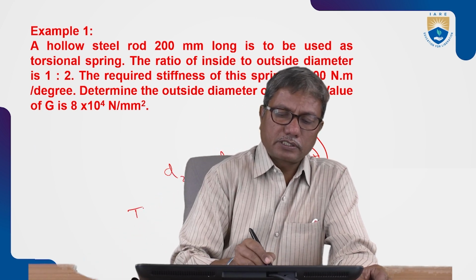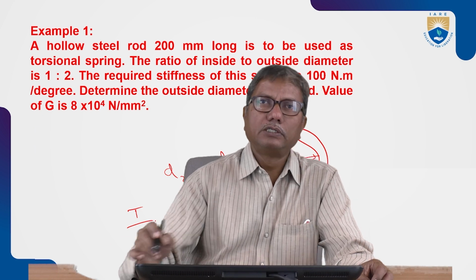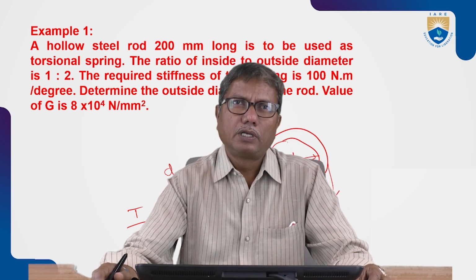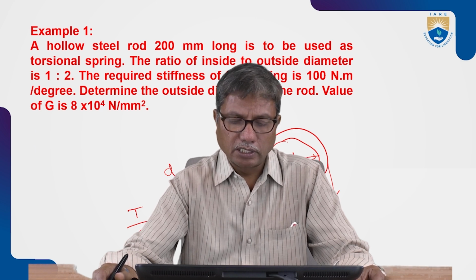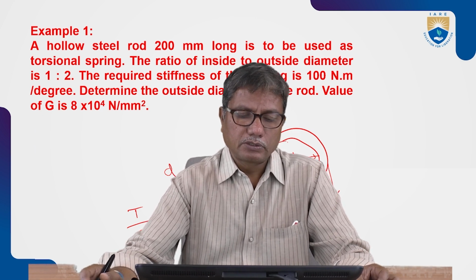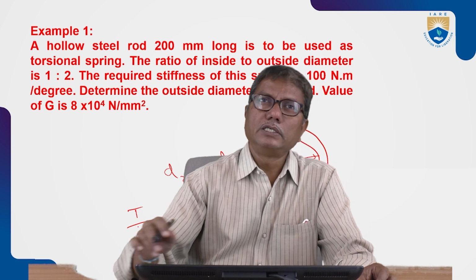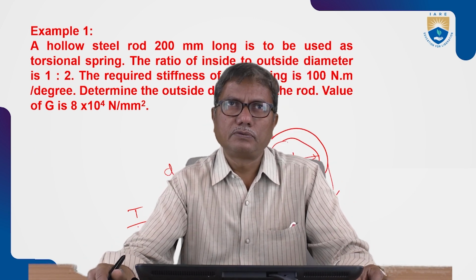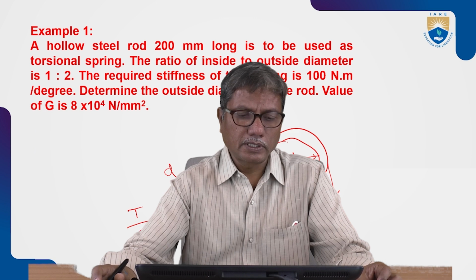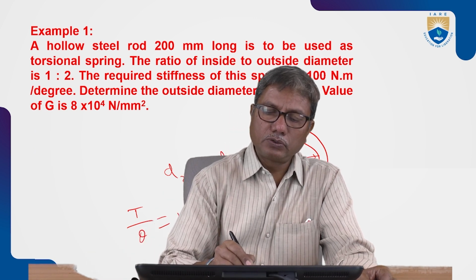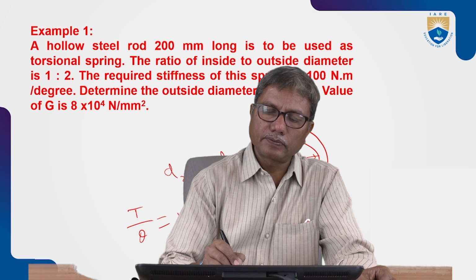The stiffness is given as T by theta, where theta is the angle of twist. So the stiffness is given as torque by angle of twist, and this is given as 100 Newton meter per degree.